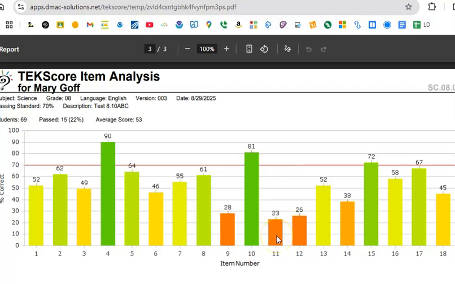Only 23% of test takers got number 11 right. And only 26% of test takers got number 12 right. So we're going to do 9, 11, and 12 together as examples. And so if those are 3 that you missed, then great. You have those 3 and we will do them together.